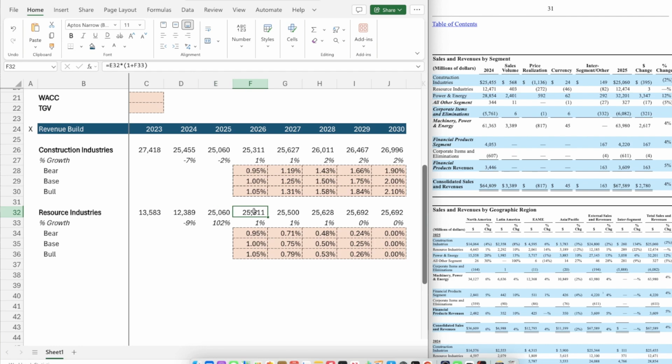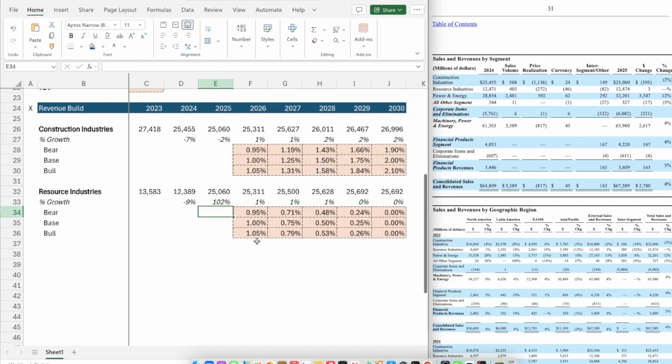I mean, ultimately, for total revenue, we're anticipating it to be probably maybe 6-7% growth for 2026, and maybe by 2030 we'd see it going to about 4.5%. But I think a lot of this is going to come from power and energy.